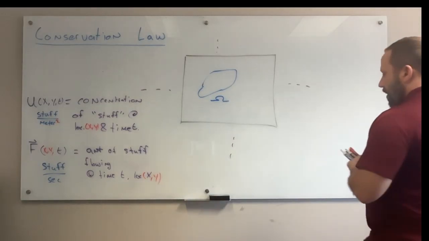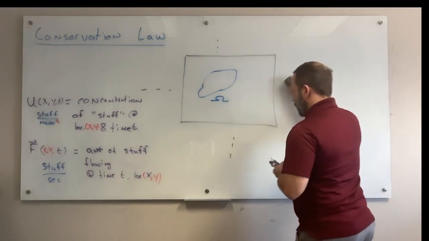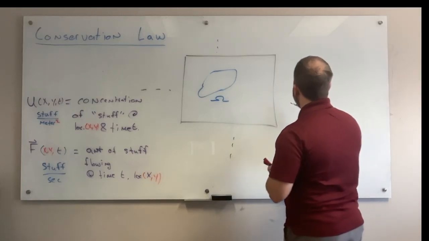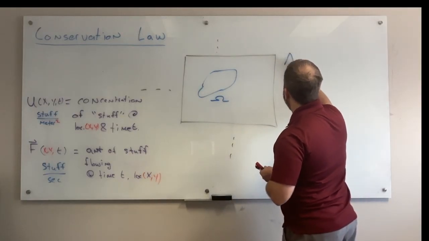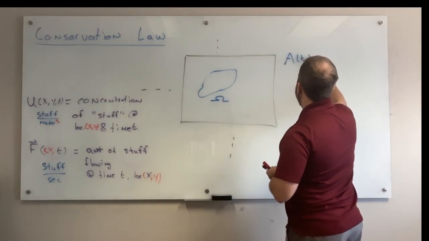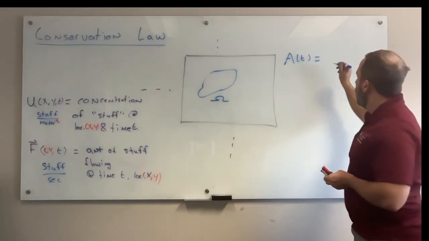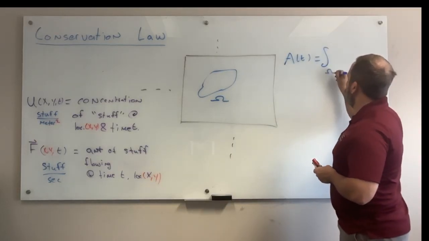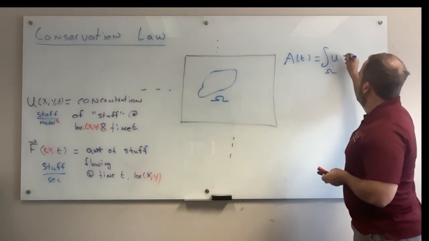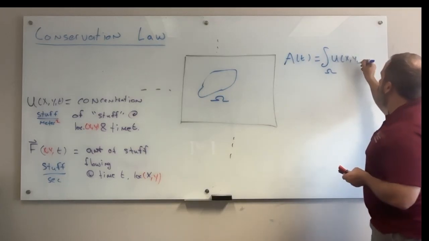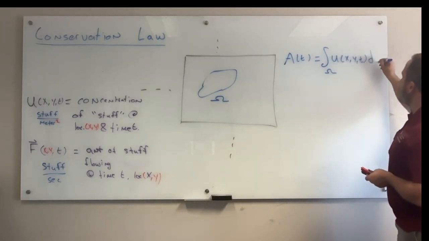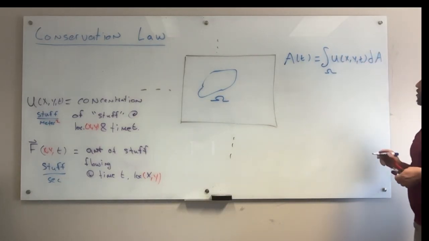Okay, and similar to what we did before, we're going to fix a region for now, but again, it's important that it's arbitrary. A of t is going to be the integral over the region omega of the function u of x, y, t with respect to the normal area integral.